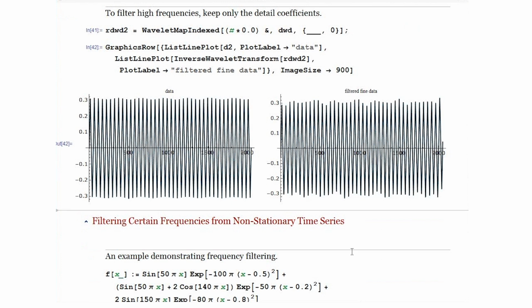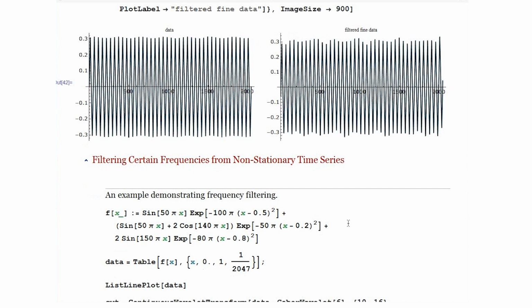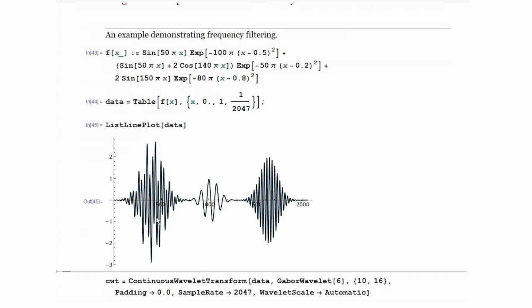So now let's look at filtering certain frequencies, especially when you're dealing with non-stationary time series. In this case, we are going to make use of a combination of certain sinusoids, and this is what the plot looks like. You have 3 bursts of energy, and on the first burst you have 2 sinusoidal functions present in this domain.